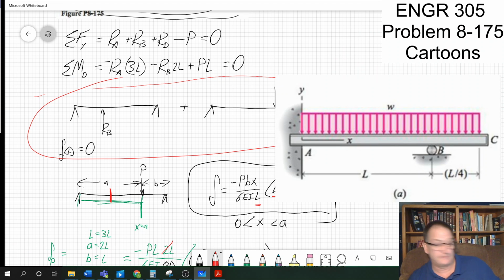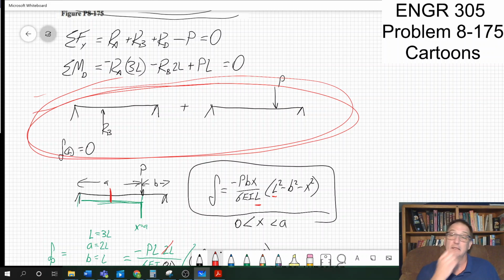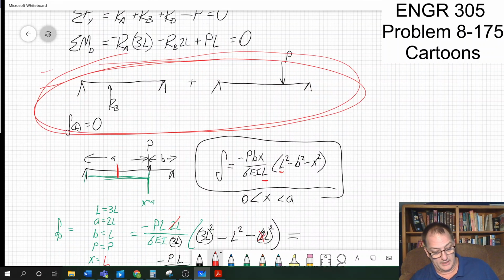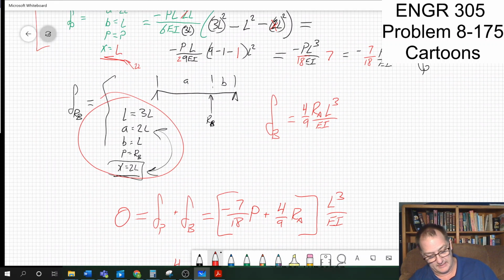I've got this method, but I don't have an equation. So it is going to be a little bit more work. I'm going to wind up going through this process and redefining all my variables. This would go to 2L, and then when I do it the second time, this one would go to L, and I can put it together.